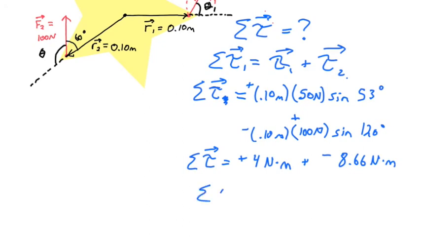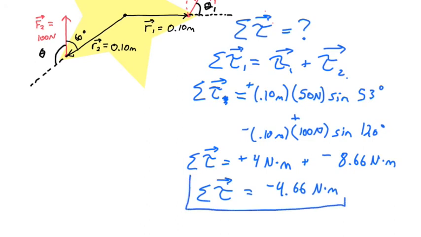And so our net torque is going to be a positive 4 and a negative 8.66 newton meters. That gets us to a negative 4.66 newton meters, or 4.66 newton meters in the clockwise direction. So there is a net torque on this in the clockwise direction. Later on we'll talk about what that means and how that's going to relate to velocities and accelerations and positions of this thing in those angular terms.